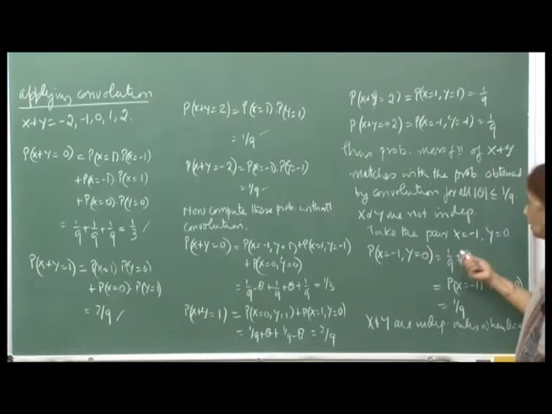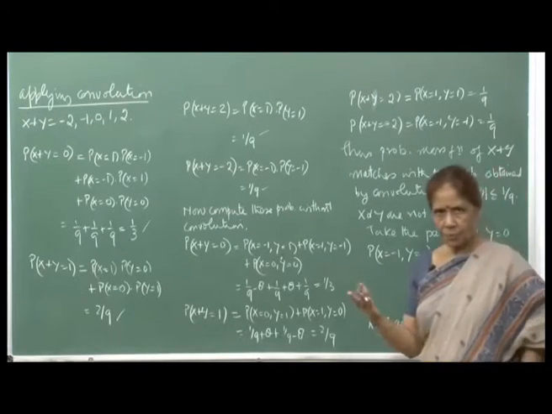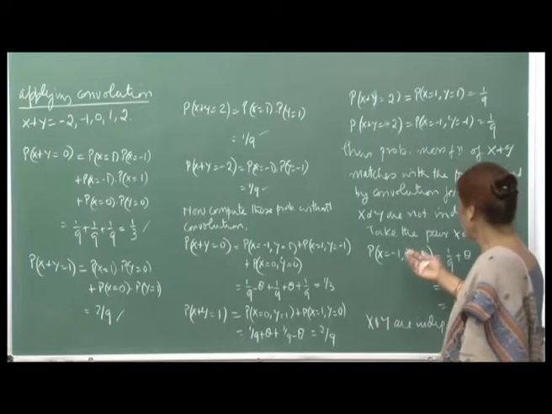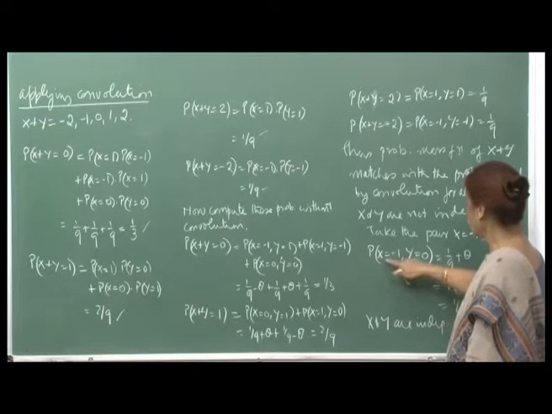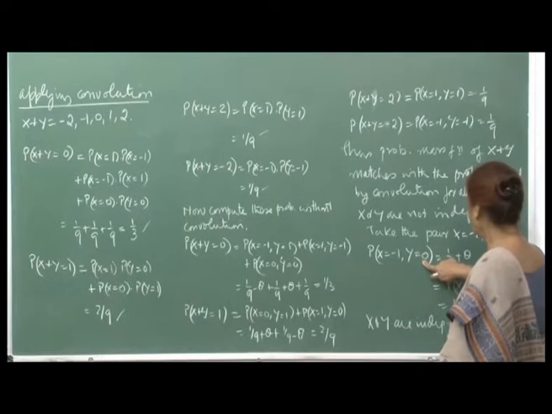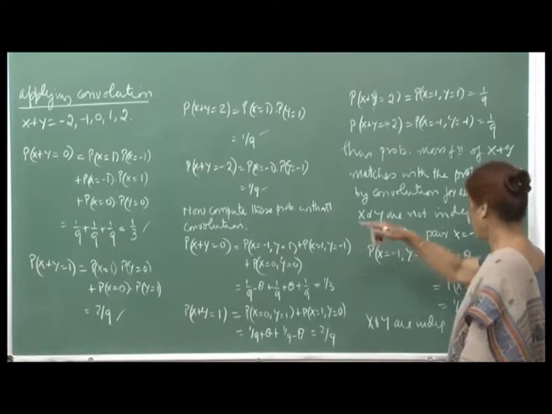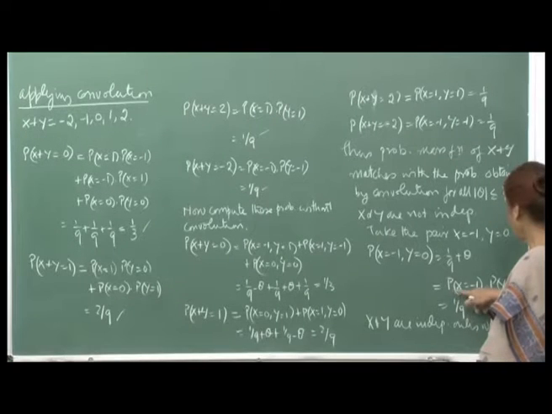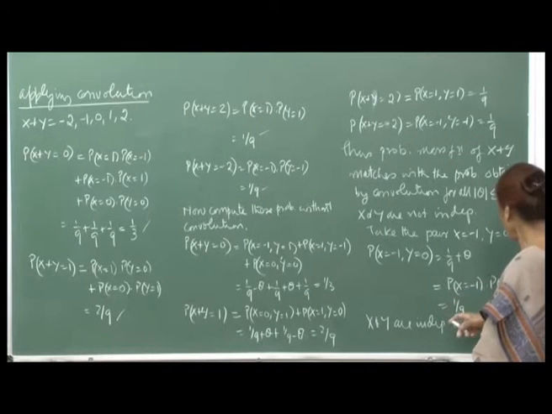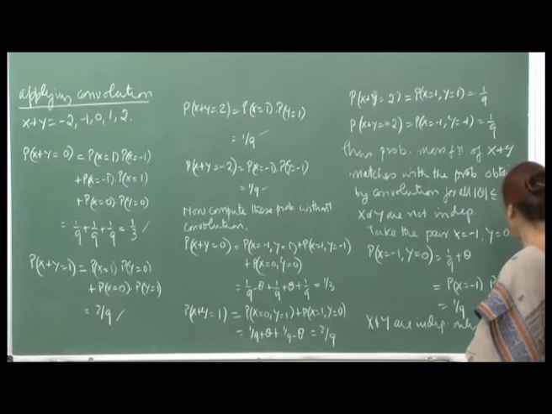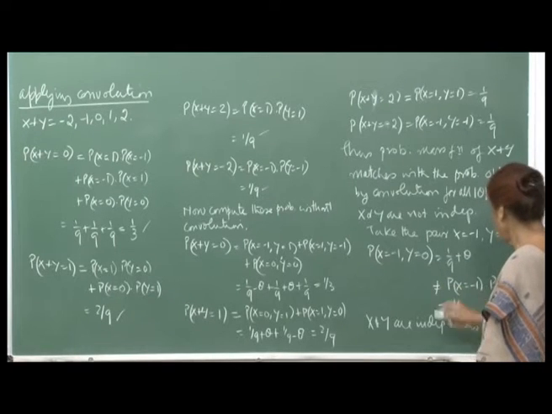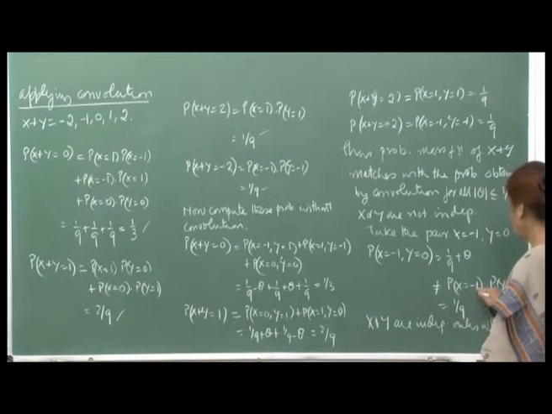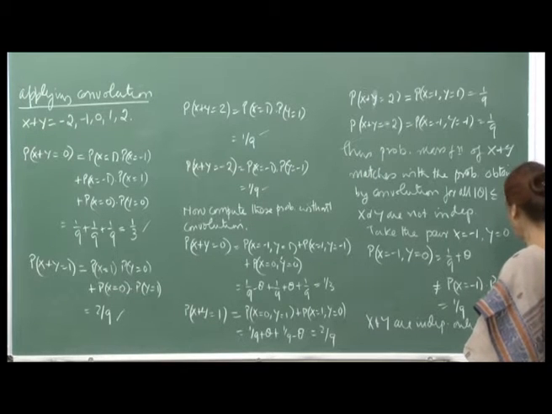Why? Because you just take one pair. I just have to show that for one pair of values this does not hold. That is, probability x equal to minus 1 and y equal to 0, from the table, is 1 by 9 plus theta, but this is not equal to probability x equal to minus 1 into probability y equal to 0.